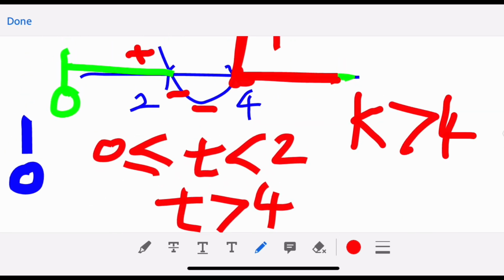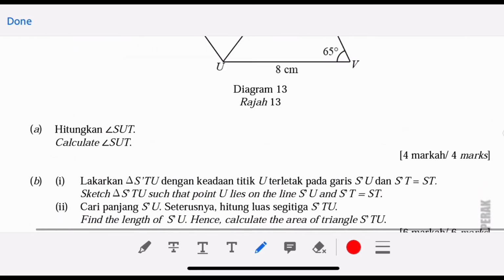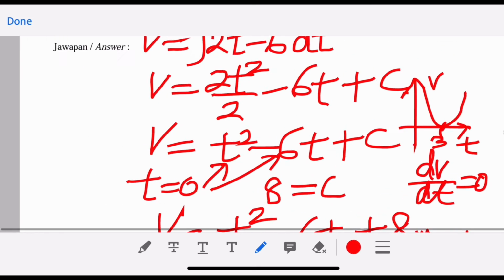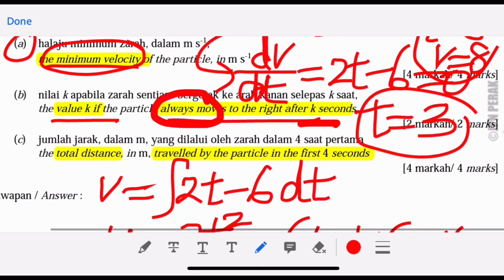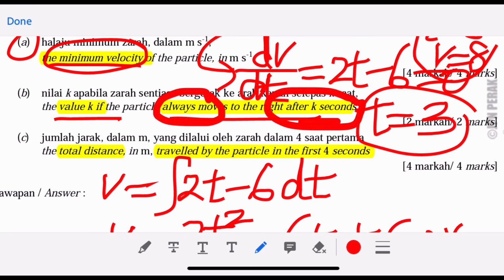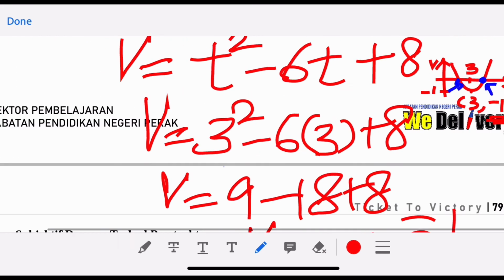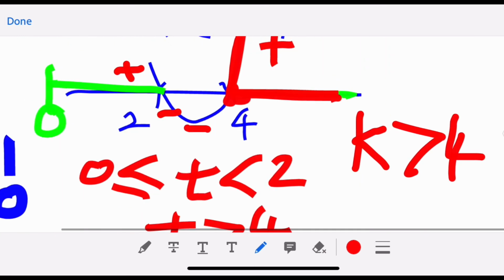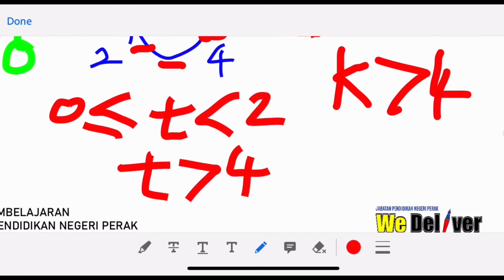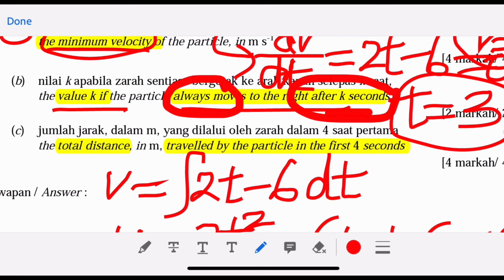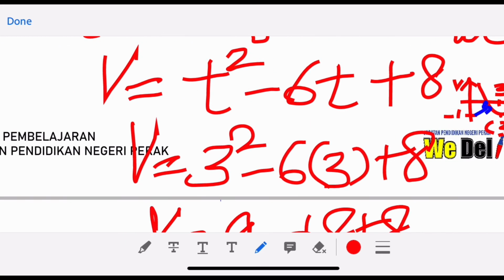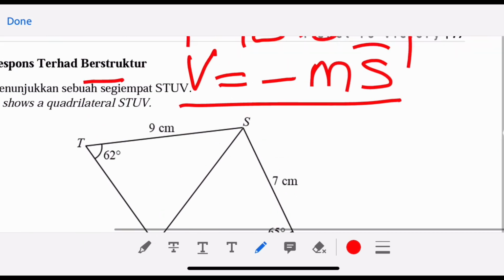That means, let's read the question carefully, after k seconds, that means after 4 seconds, right? After 4, k more than 4. So the answer for part B is after 4 seconds the particle will always move to the right. Right, that's all my sharing about kinematics linear motion.